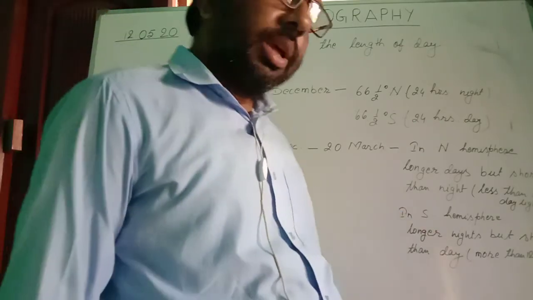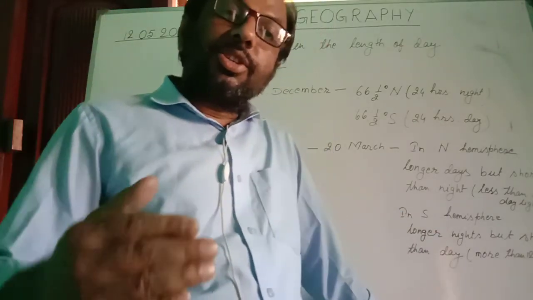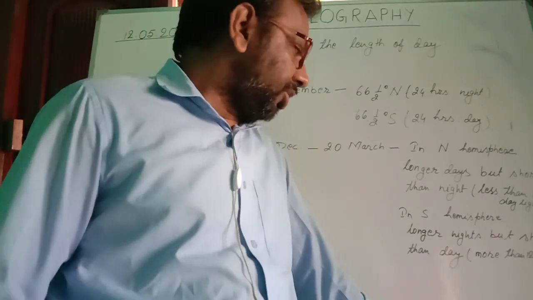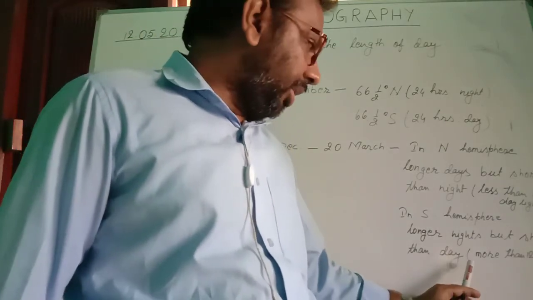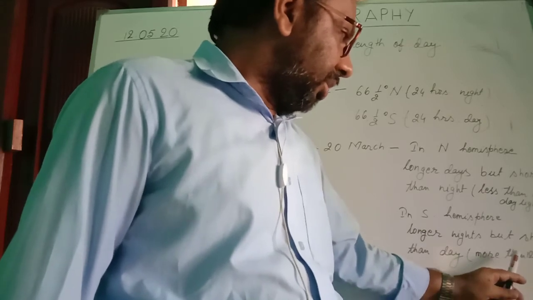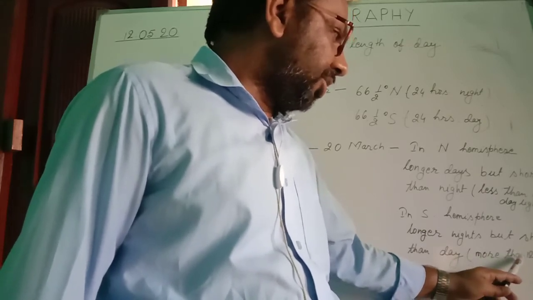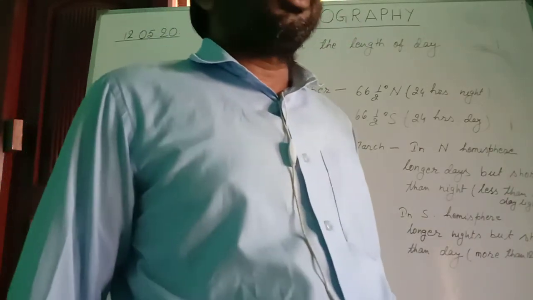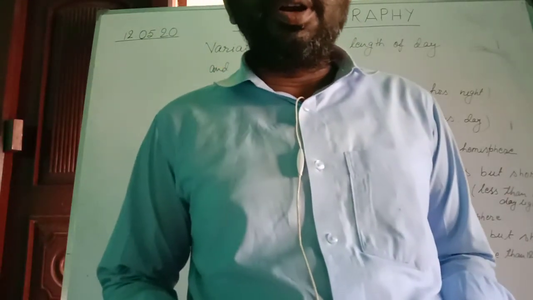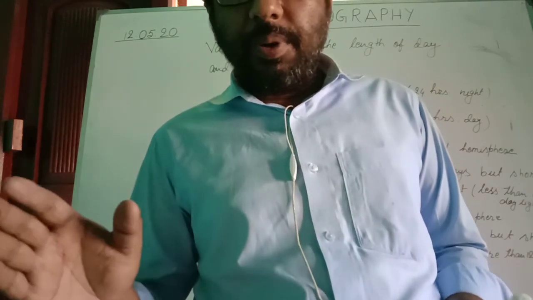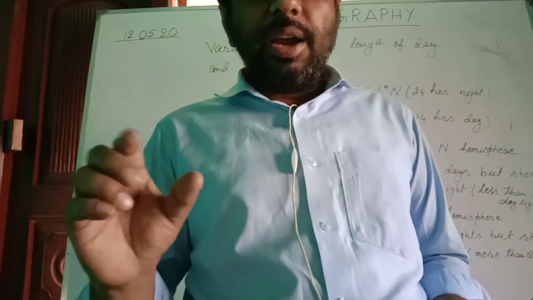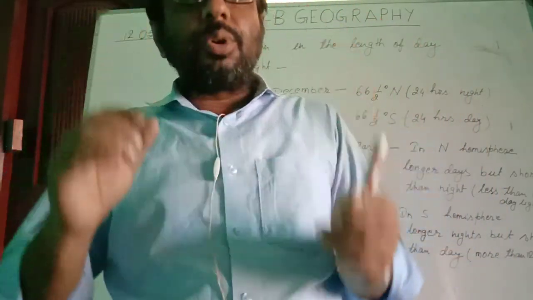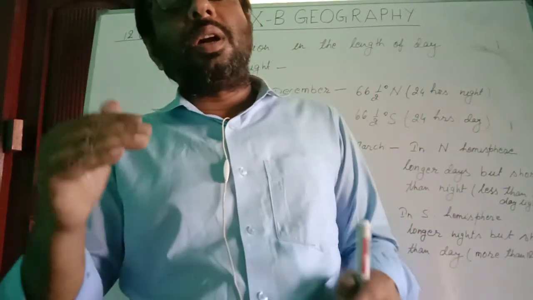And in the southern hemisphere, night started being longer, but still it is shorter than day. Here the daytime is more than 12 hours. So we see the different phenomena regarding different durations, and it happens due to the change in position of the earth regarding the sun.